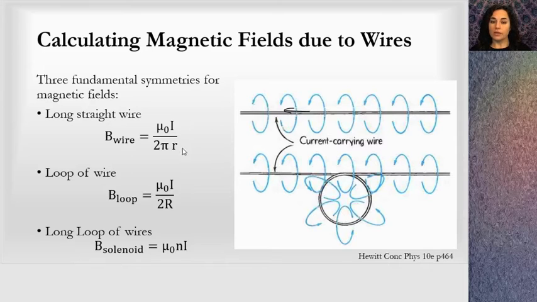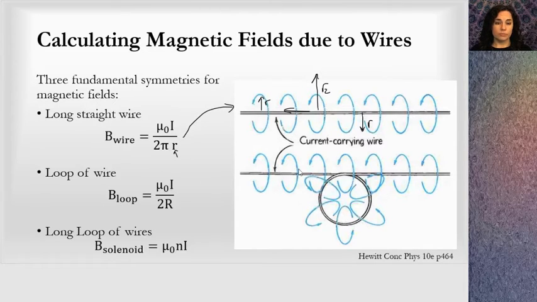If I want to calculate that, for any distance r away from this magnetic field, it could be over here, another r2, whatever distance that is, it depends on I, mu naught, which is a constant, 4 pi times 10 to the negative 7 Tesla times meters over amps. There's a radius down in here as well. So that's for the long straight wire. That's the equation for the long straight wire.